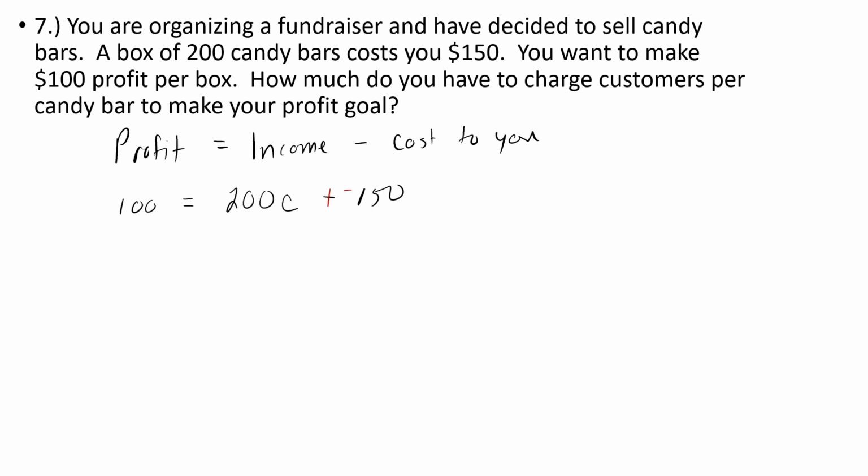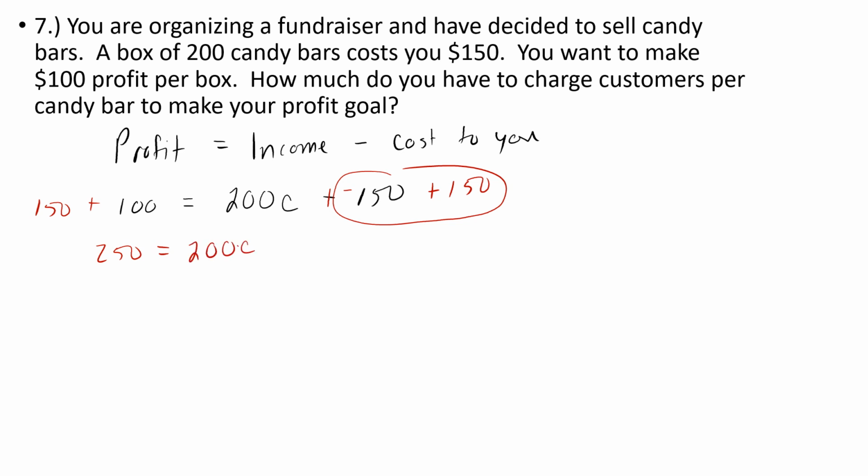So we're going to change that subtraction to a plus negative, just so we're being consistent. If we want to solve for this, we have a negative 150, so I can add 150 to both sides. Over here on the left, 150 plus 100 is 250. Over here, negative 150 plus 150 is 0, leaving me with 200C.